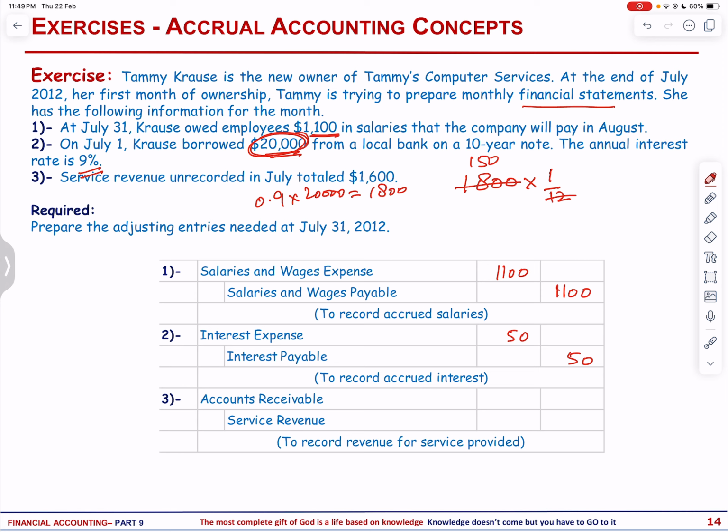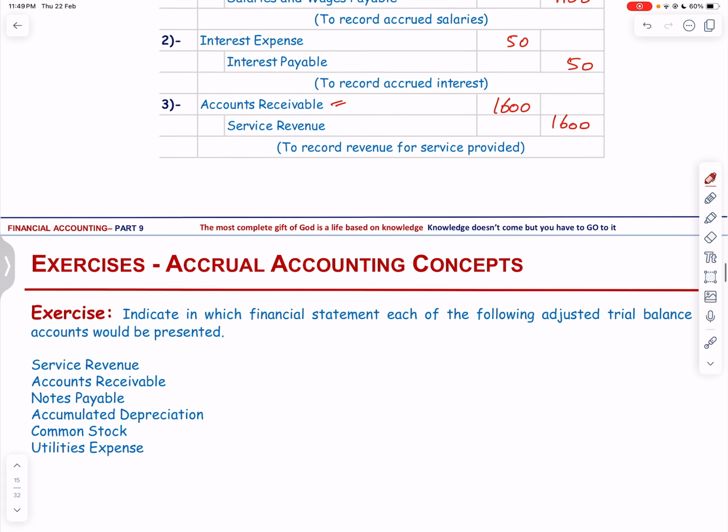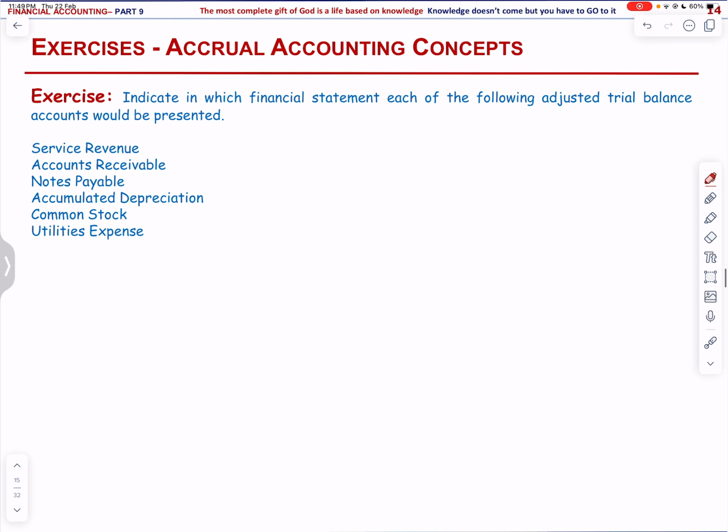Then service revenue unrecorded in July totaled 1,600. That means this is accounts receivable, and that is debit by 1,600, and service revenue is credit by 1,600. Okay. Now, indicate in which financial statement each of the following adjusted trial balance accounts would be presented.